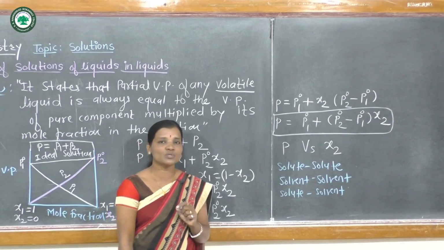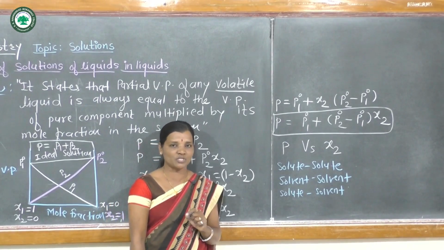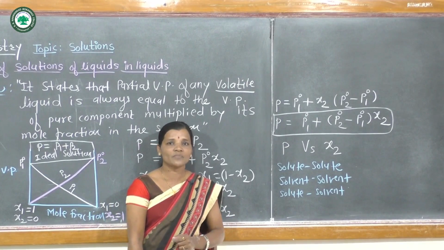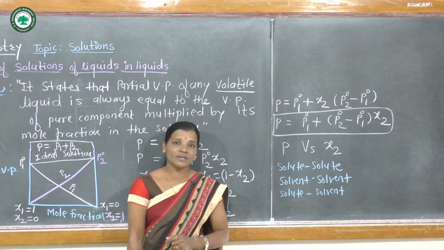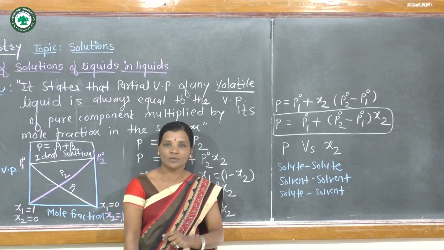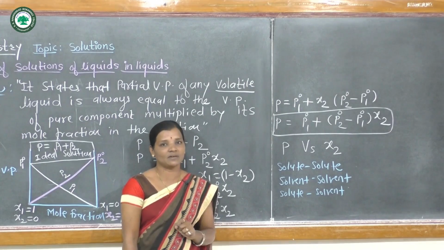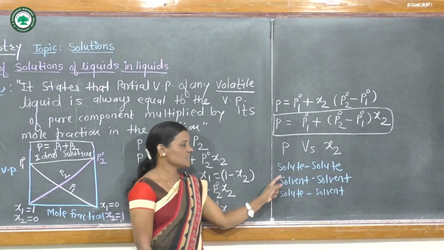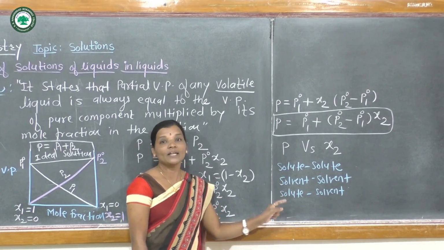Then only the solution is said to be an ideal solution. But that is not possible. Why? Because every component has different chemical properties and behaves differently from each other. And so these interactions should not be equal.